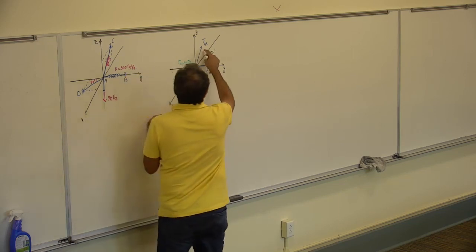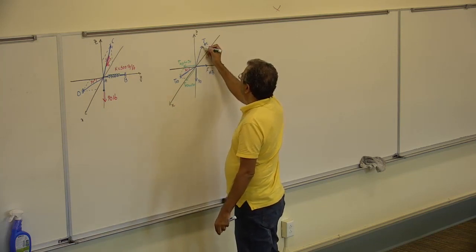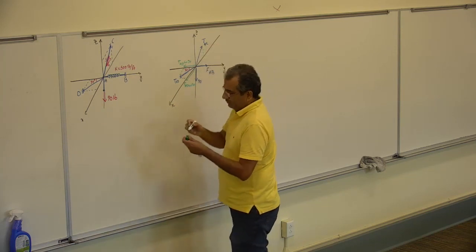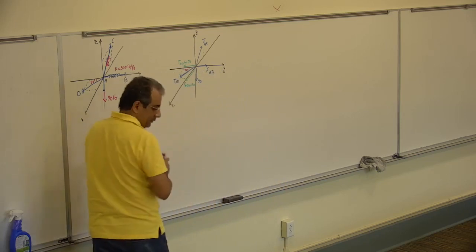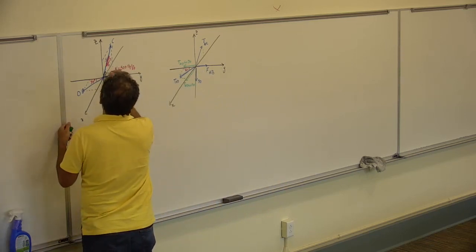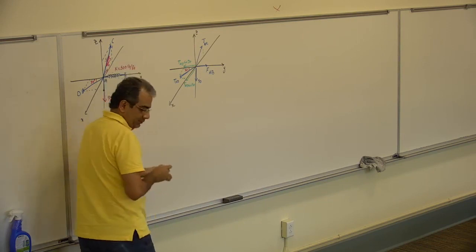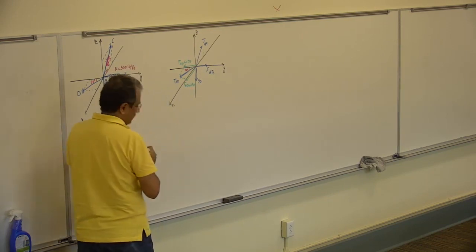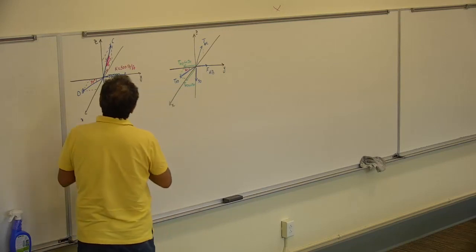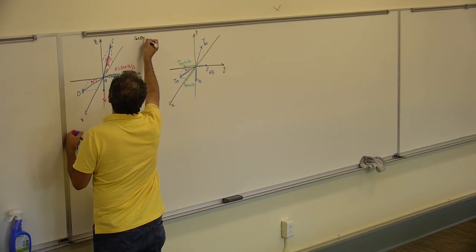What about here? What is this? Look here first. If this is theta, how much is cosine theta? 4 over 5.